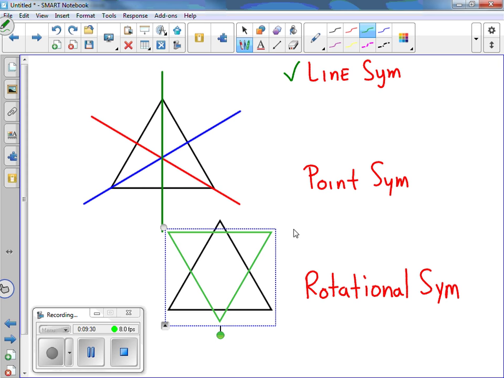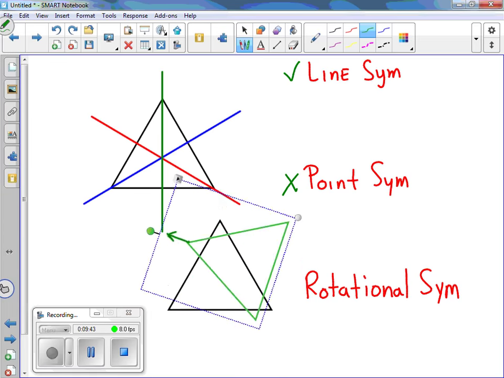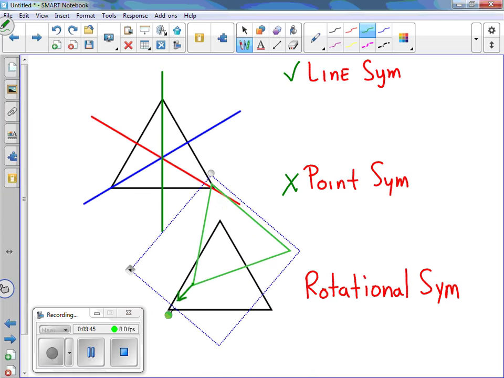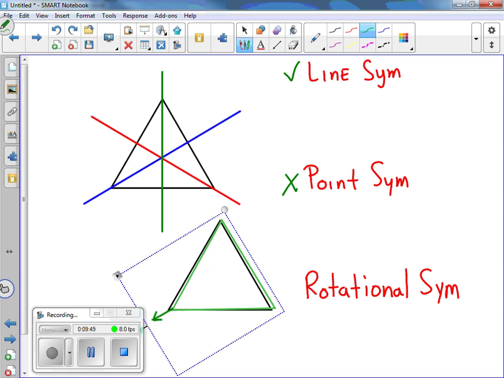Okay, so it has line symmetry. It does not have point symmetry, but does it have rotational symmetry? Let's just put an arrow on it so we can see what's going on, and then we'll rotate it, right? Let's see if it rotates back onto itself, and it should because it's an equilateral triangle. And there you have it.